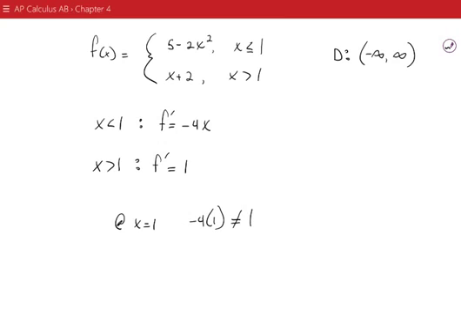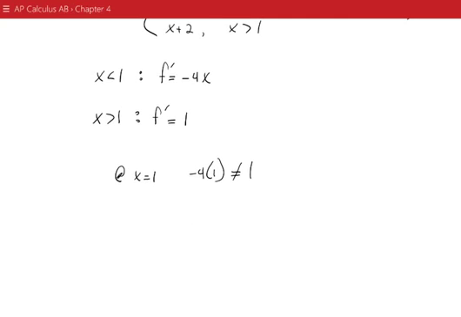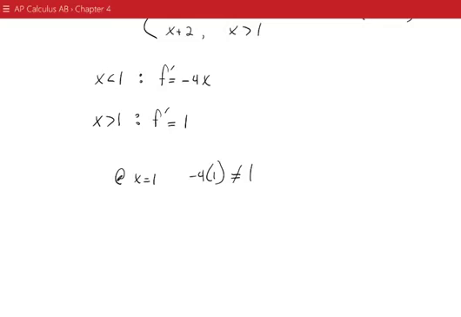And so in that case, we could take some time, they do it in your book, to do the left-handed and the right-handed limit for a more rigorous proof of this, but the slopes don't match, and so the function's derivative is undefined at x equals 1.